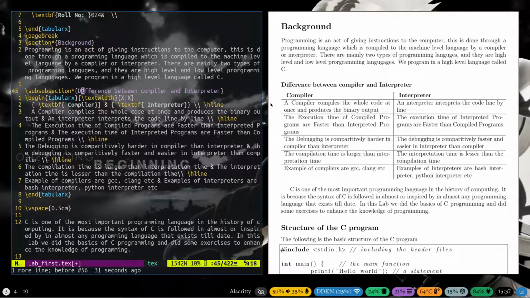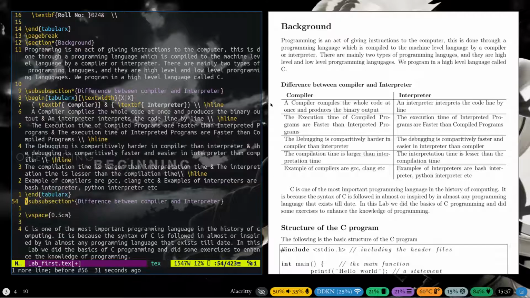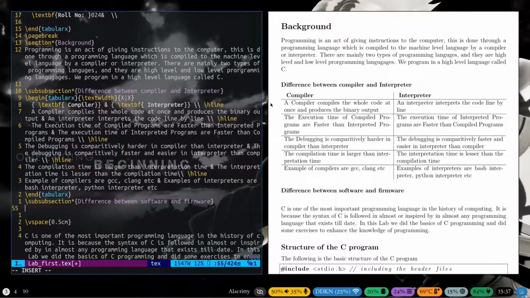The difference between software and firmware. So what is the difference between software and firmware?